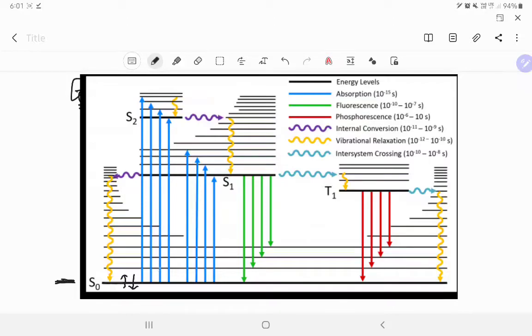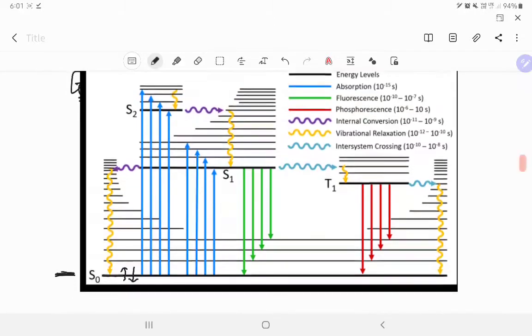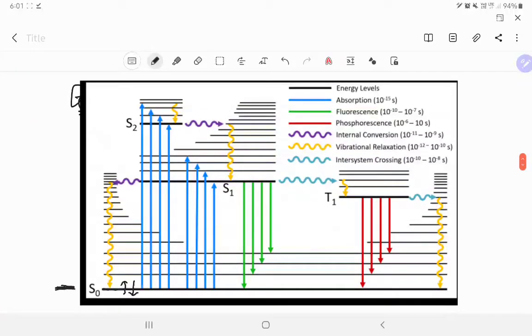When radiation is bombarded on that particular sample, the electron gets excited. Now, depending on the energy of the photon, the transition may take place from S0 to S1 or from S0 to S2.